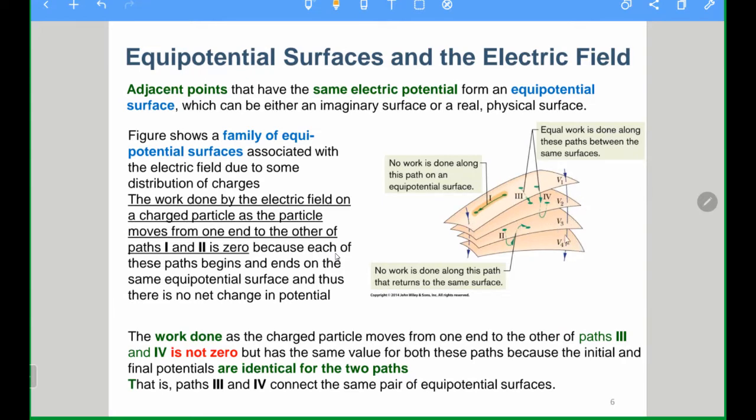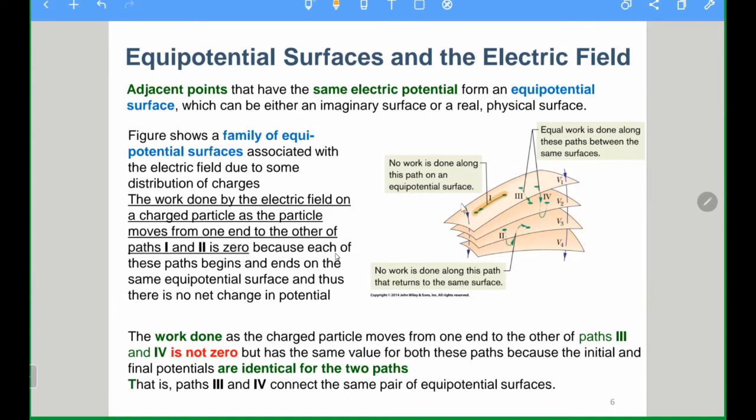So path 1 is all the way on V1. So if a charge moves from this point following this path to here, there will be no work done on the charge. So the work done by the electric field on a charged particle for path 1 is 0.